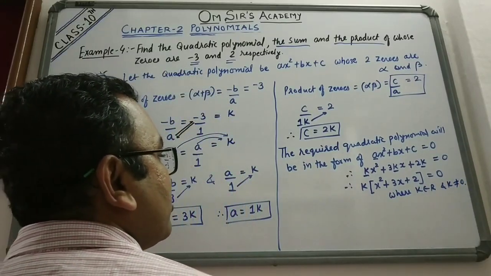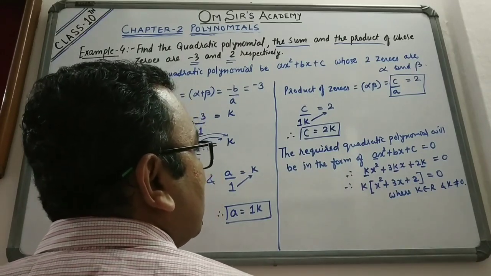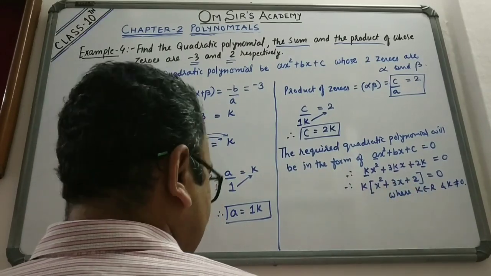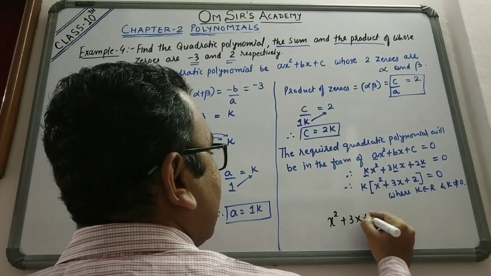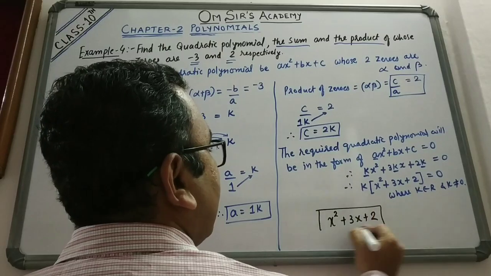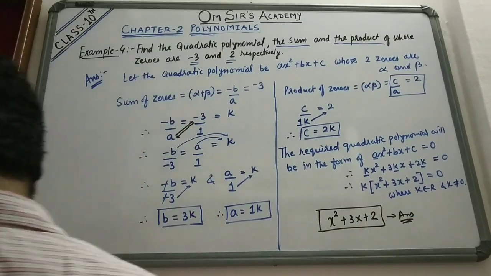So my required quadratic polynomial is x square plus 3x plus 2. This is my answer. Is it clear, friends?